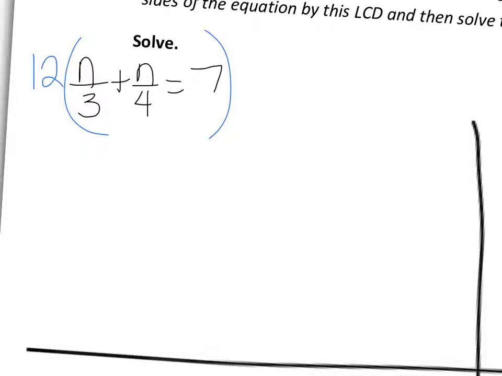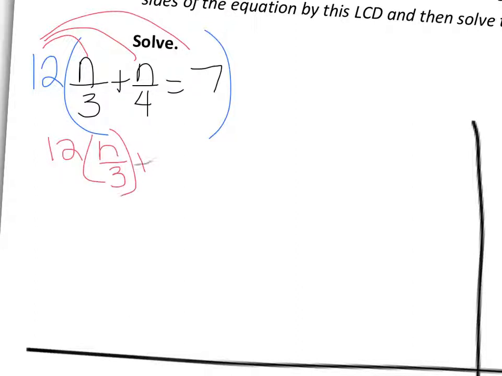When I do this, I have to distribute that 12 to everything that is included in that equation. So I'm going to take 12 times n over 3 plus 12 times n over 4 plus 12 times 7.